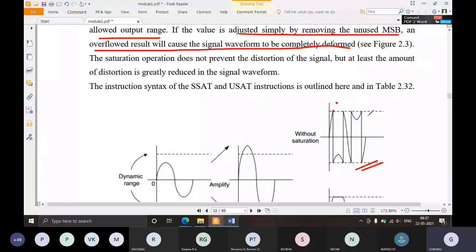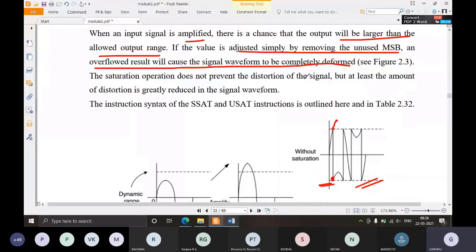Hence, instead of going to this point, the curve goes to a negative value. This should not happen because the entire waveform will be wrong, completely deformed.